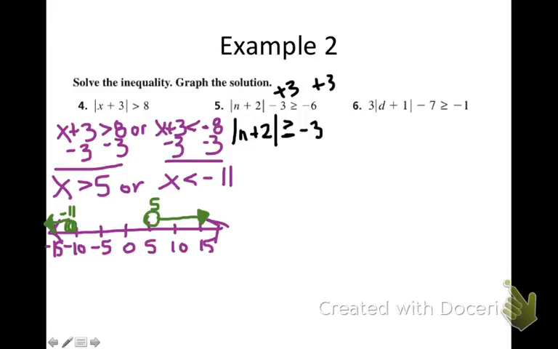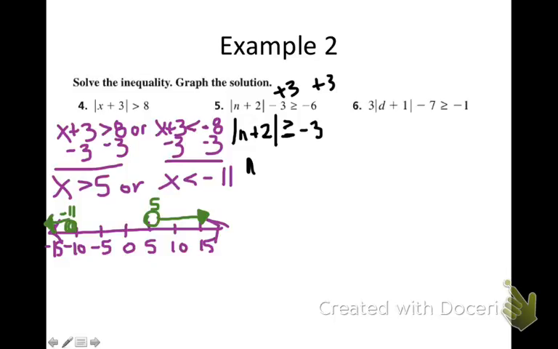Because remember, by definition, it cannot be less than 0. It's always going to be greater than or equal to all the negative numbers. So this is true for all times, right? It will always be by definition.